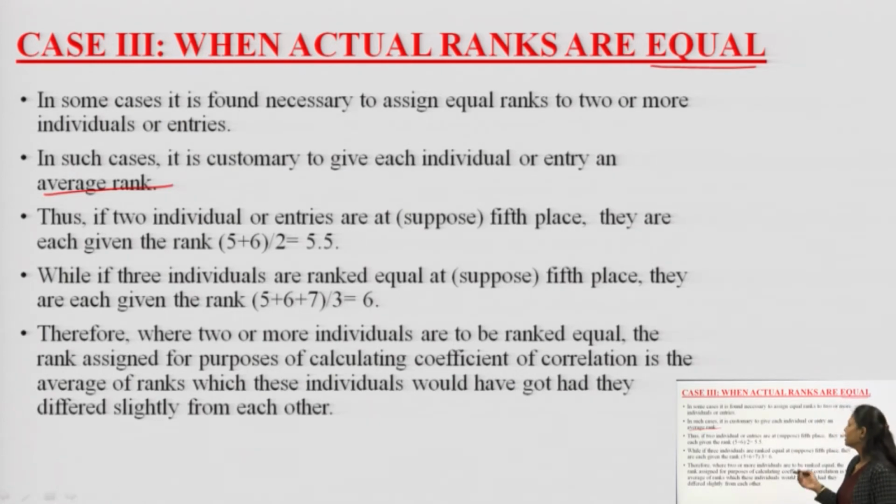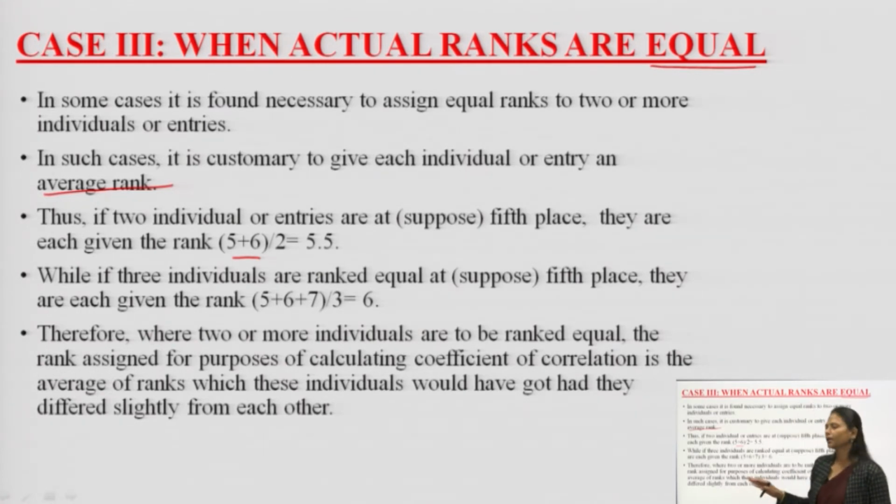So, what we will do? We will add these two, that means 5th place and 6th place are equal. So, I will add 5 plus 6, but since there are two observations which have equal ranks, I will divide it by 2, and to both the observations I will give the rank 5.5.